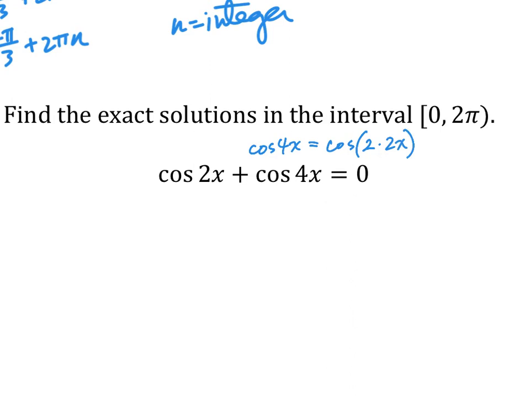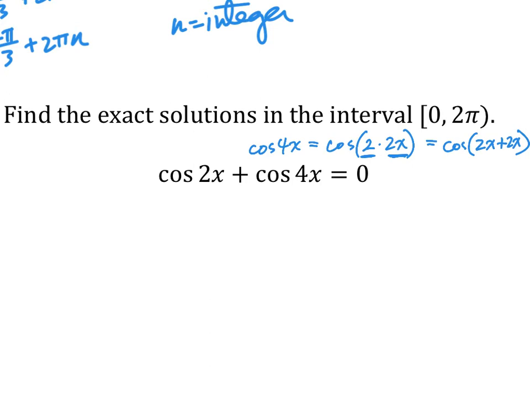So double of the double angle. Or the other way you can think about it is it's really just 2x plus 2x. Either way, they can get you to the answer.